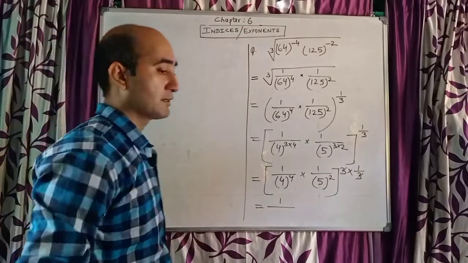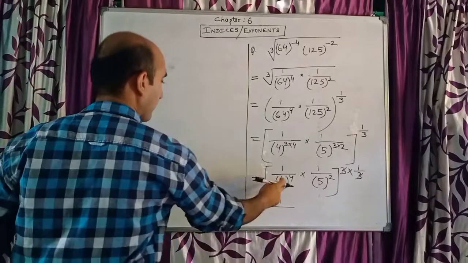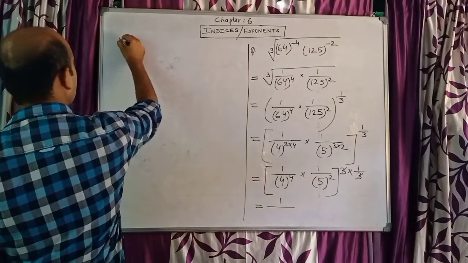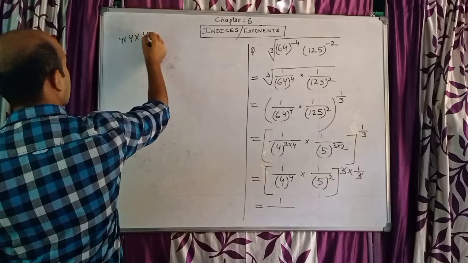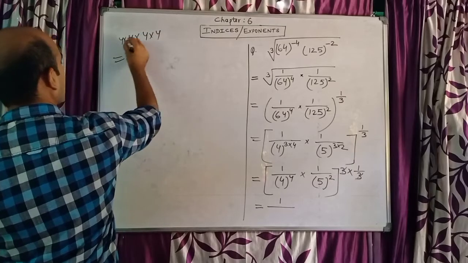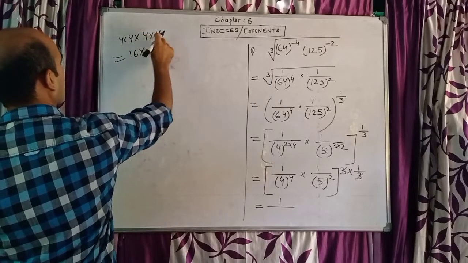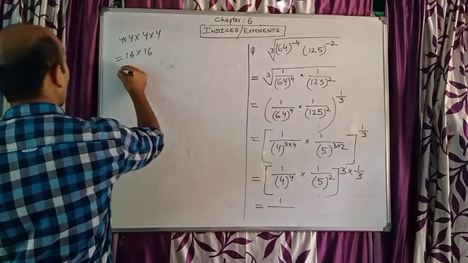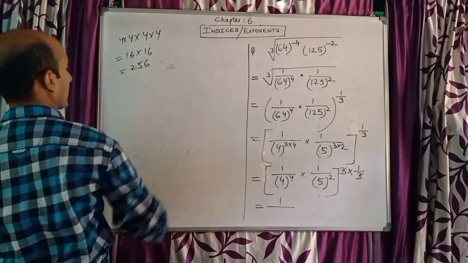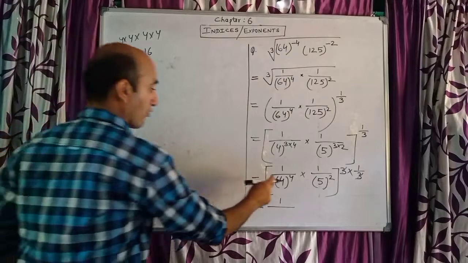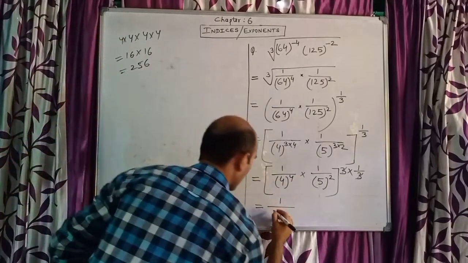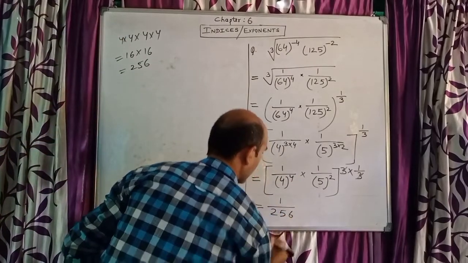The meaning of this is multiply 4 times. So multiplying 4 times, 4 4s are 16 and 4 4s are 16, 256. So 4 power 4 is 256.